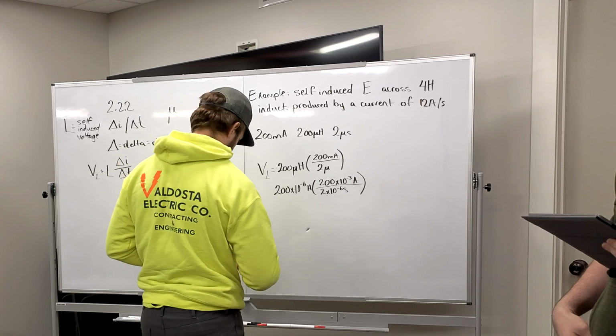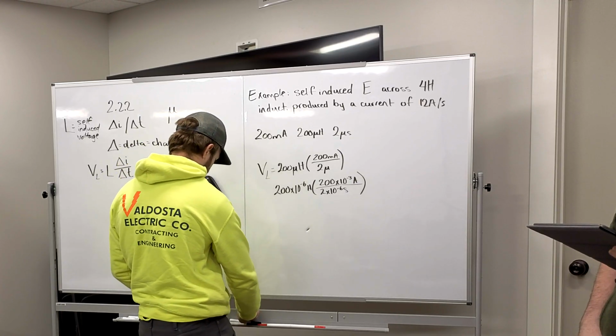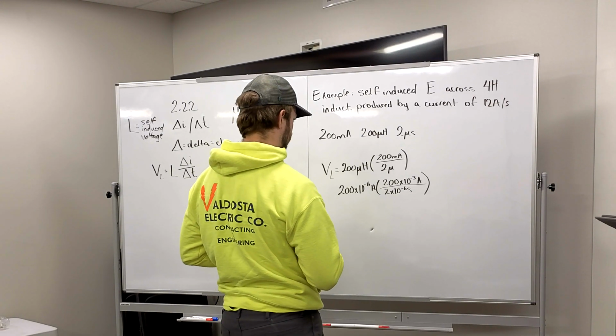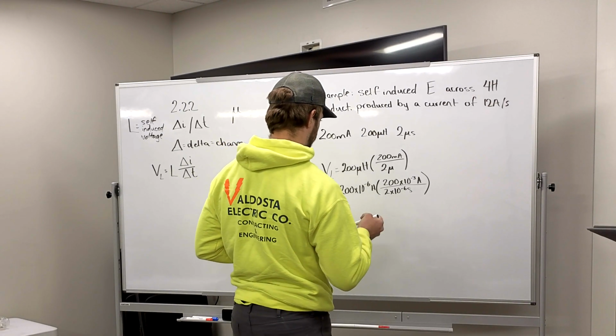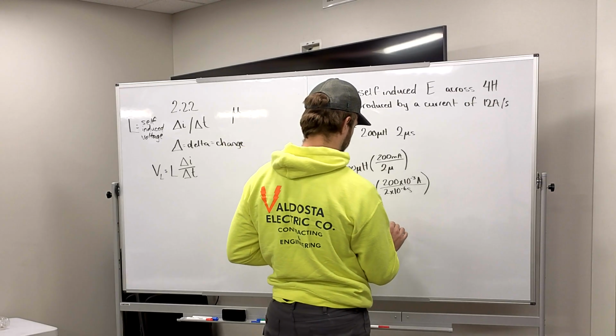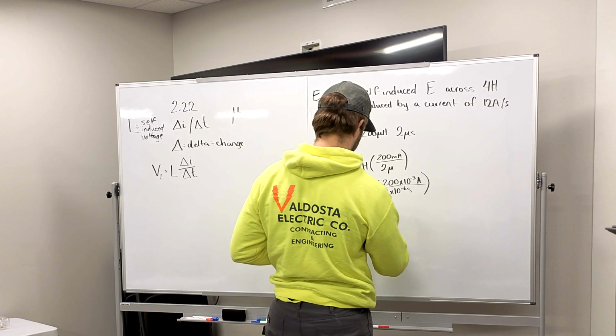So 1 milli is 1/1000th. 1 micro is 1 millionth. So they converted it back using scientific notation.